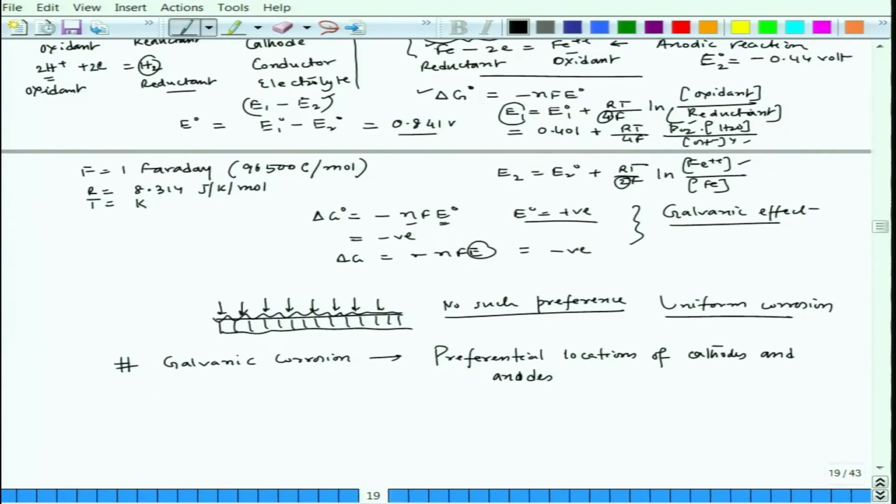But let us understand from the definition point of view, what is usually written in textbooks.